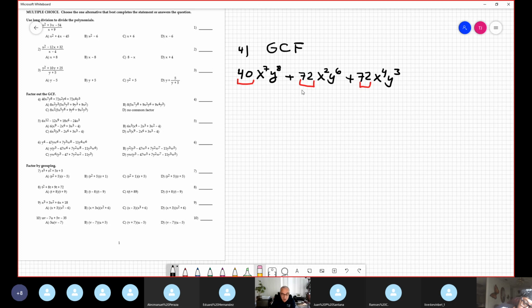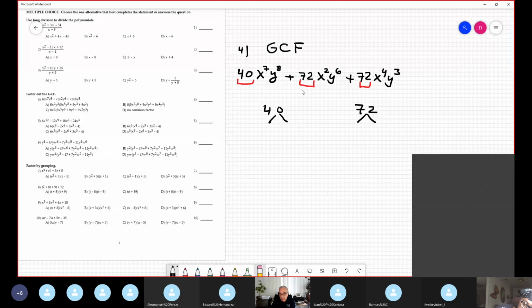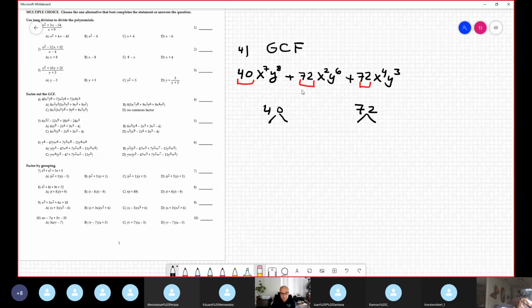Nice, I love that because I need to do it one time. So you break down 40 and 72. Both are even numbers because they end in 0 or an even digit. The last digit gives me the characteristic. A number is even when it ends in an even digit or 0, no matter the length of the number.